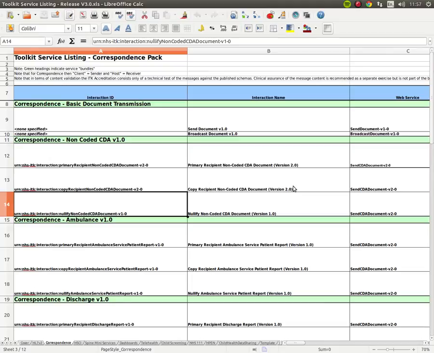So for example, as a sending system, you would have to be able to send both a primary recipient and copy recipient message, which effectively are exactly the same. However, the distribution envelope, which is an XML wrapper, has a single attribute within there that would change from primary recipient to copy recipient, and then optionally you may decide to also send a nullify non-coded CDA. So that specific interaction is optional.